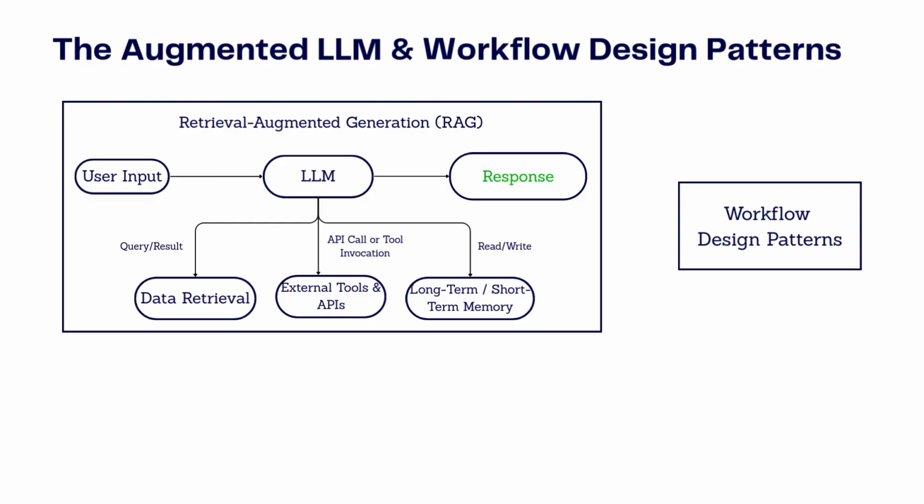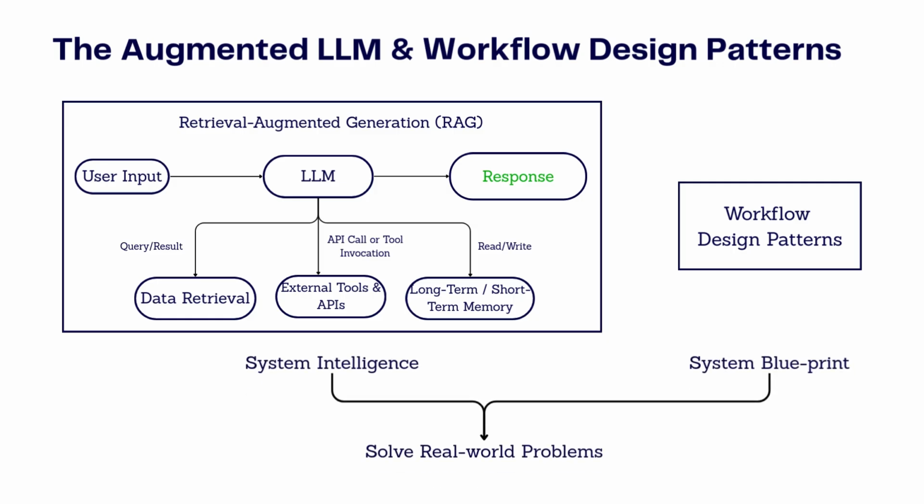We need a way to organize and structure them so they solve real-world problems in a reliable and repeatable way. So, you can imagine it like, the augmented LLM brings the intelligence, while the workflow design patterns give us the blueprint for how to put that intelligence to work effectively. Now, let's explore some of the most common design patterns for LLM workflows and see how they're applied in practice.